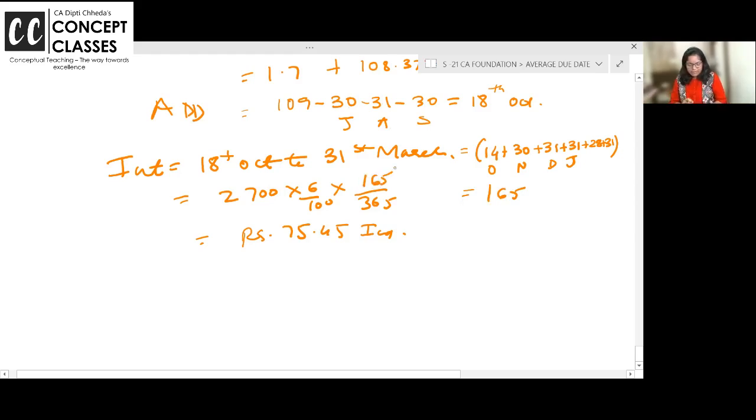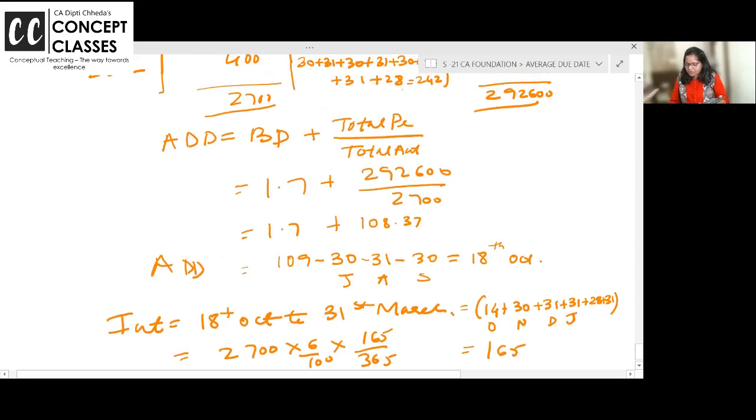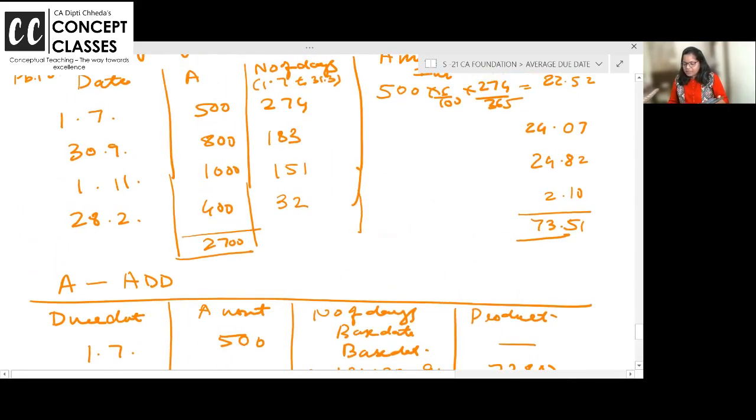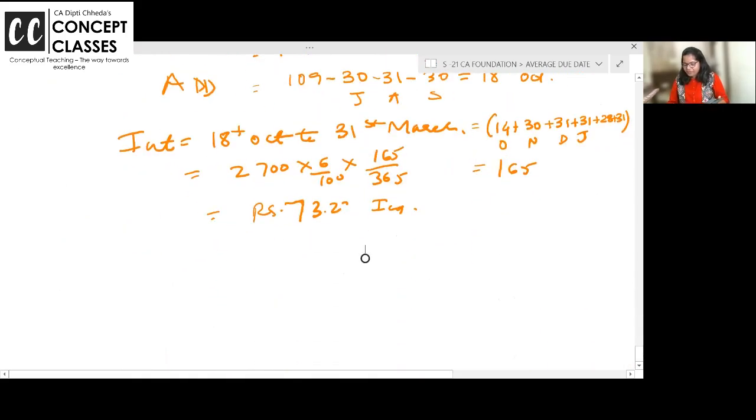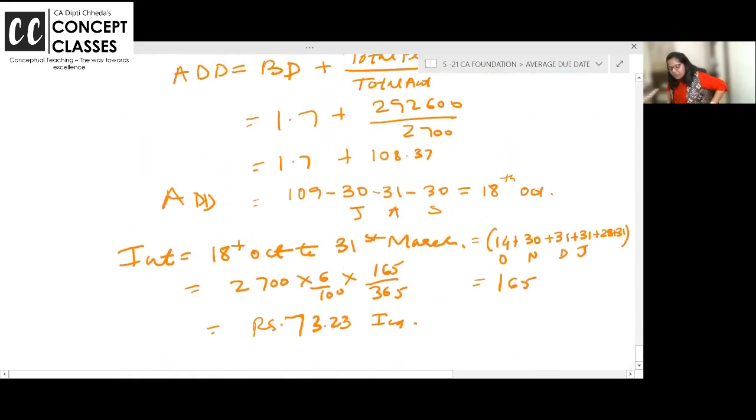Now you calculate, you'll get the answer. 2,700 into 6% into 165 divided by 365. 73.23. Here how much was coming with the other method? Okay, 73.51. Now okay, 73.23. Check करो, कुछ doubt है तो पूछो.